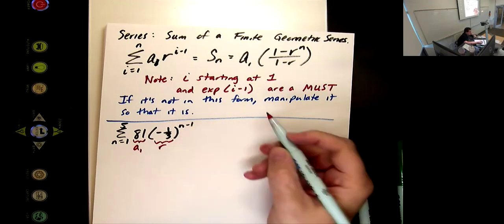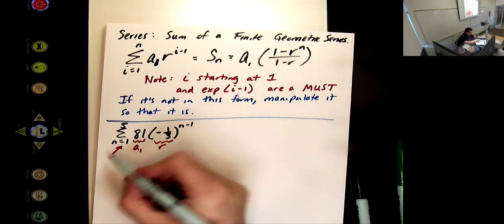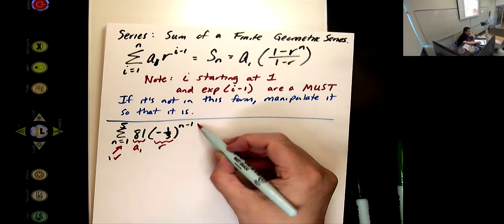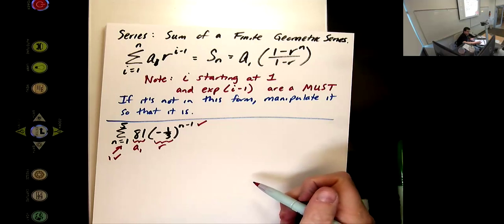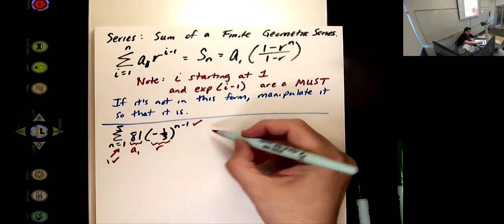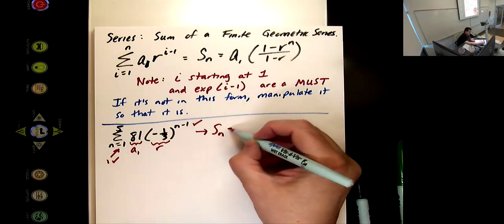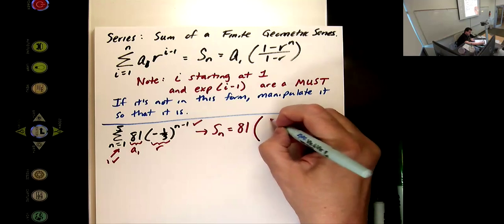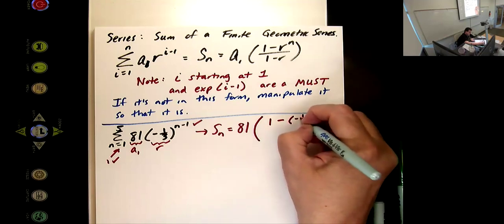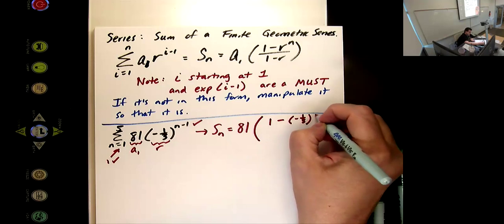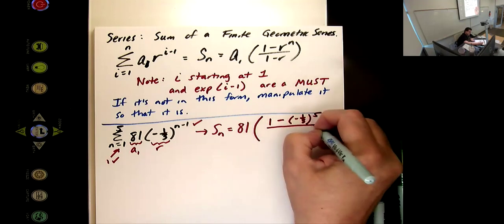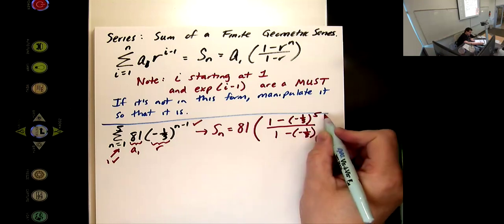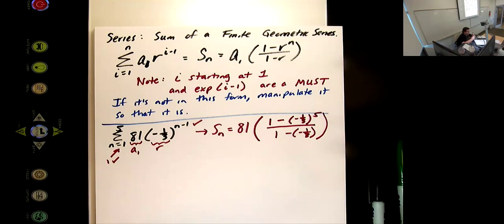That's my r. Index starts at 1, check. And exponent is n minus 1, check. So s sub n equals a sub 1 times 1 minus negative 1/3 to the 5th power over 1 minus negative 1/3. Be careful with the negative signs.